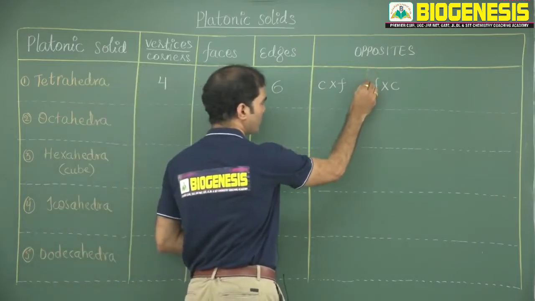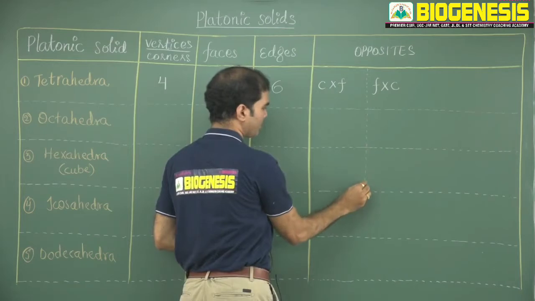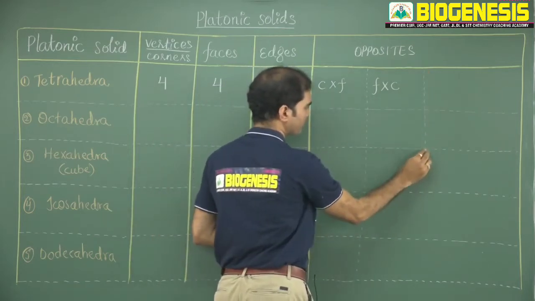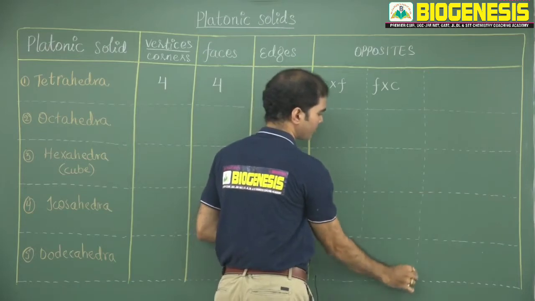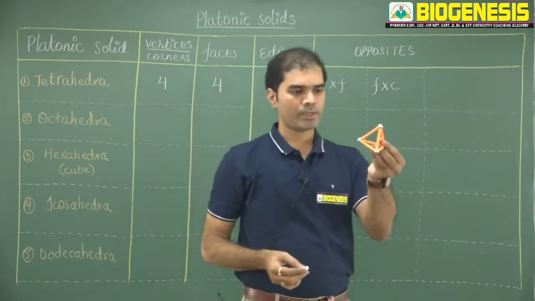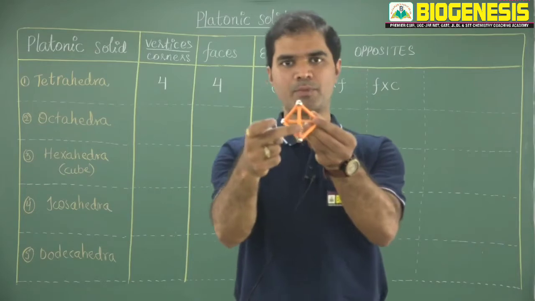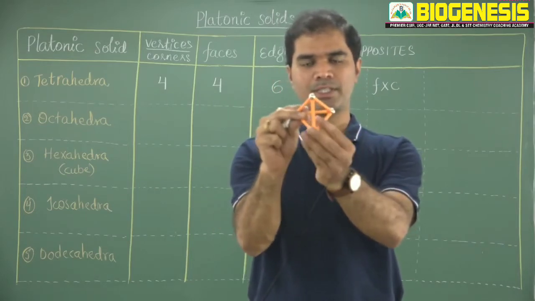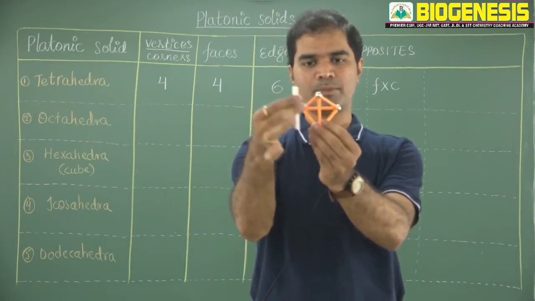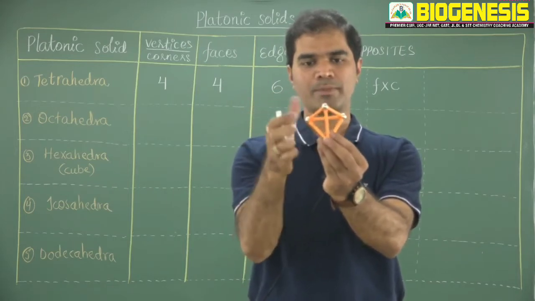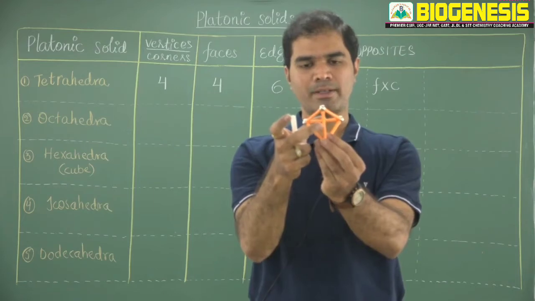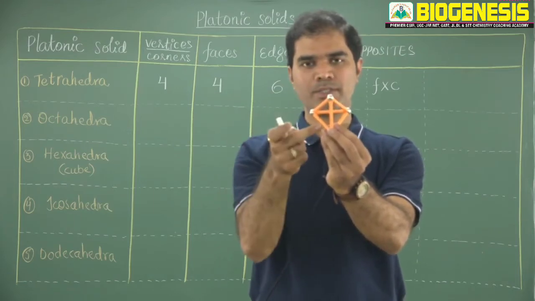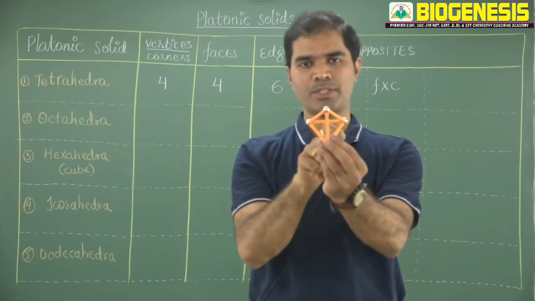Then what is the opposite for an edge? You can check from the solid model. Suppose I am choosing this edge that is pointing towards you, exactly opposite is another edge which is away from you and it is perpendicular to it, or I can call this pair a staggered pair. For this edge, opposite is this, and for this edge, opposite is this.